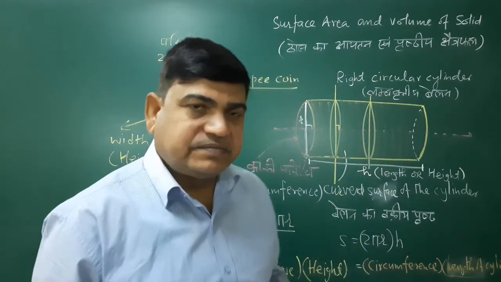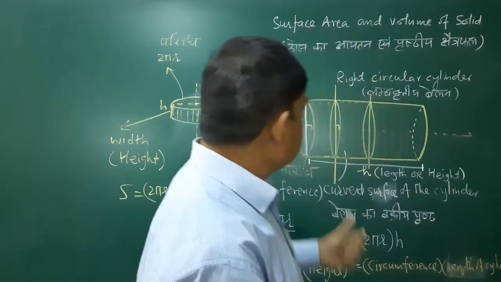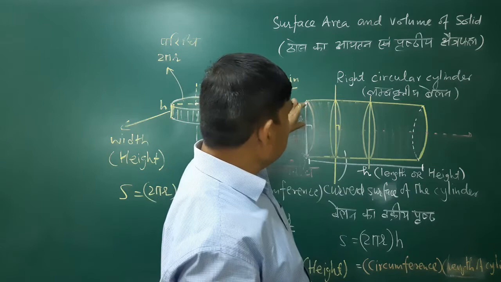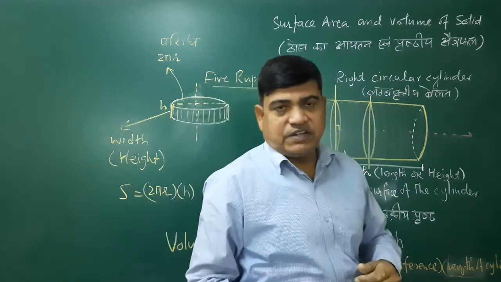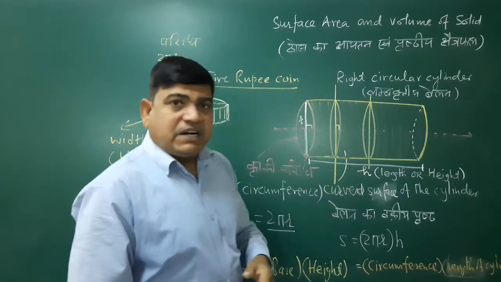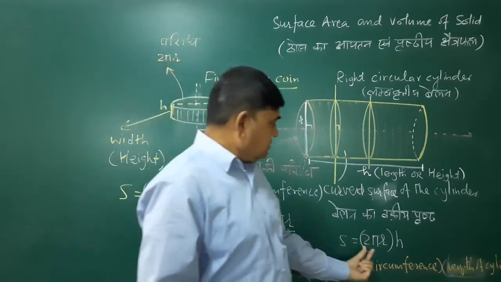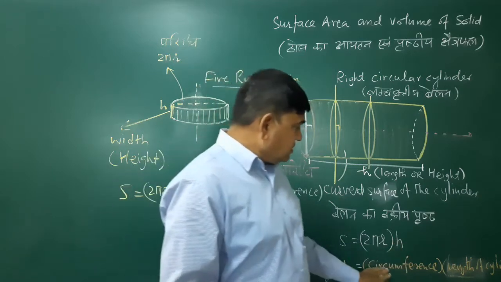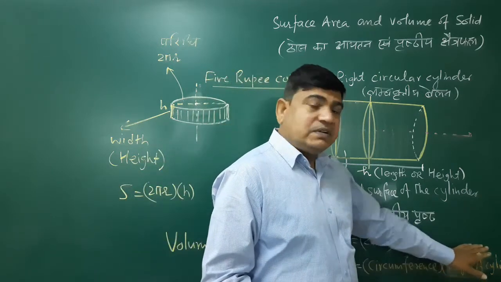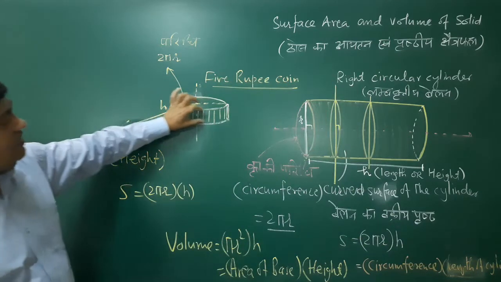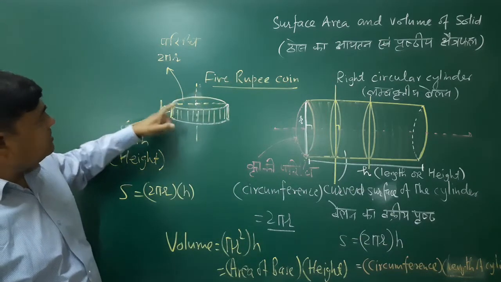So anywhere if you cut it perpendicular, then you find the section is a circle, and this circle has the same radius, that is r, anywhere. So the area of the curved part, that means the surface, is given by 2 pi r into h, that is the circumference, length of the cylinder, and this is also a relative term, so I can say this is also the h.